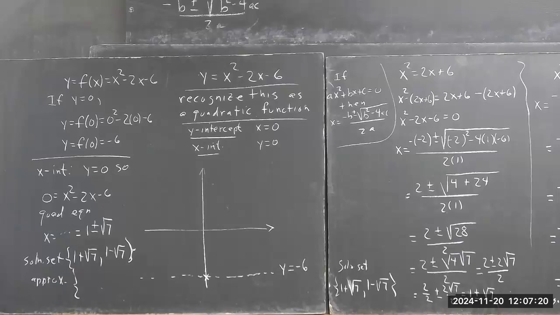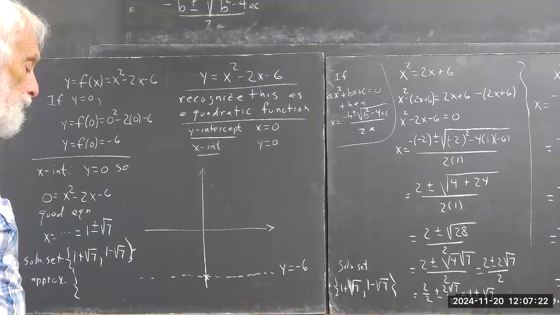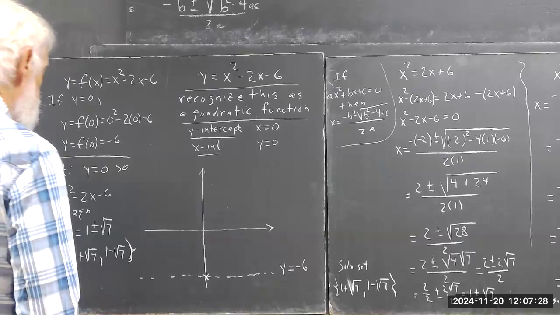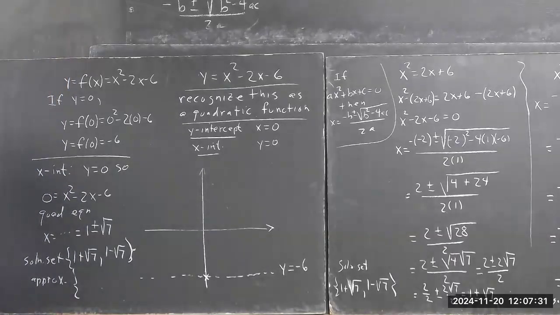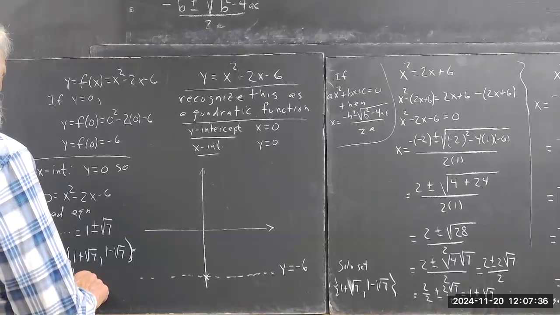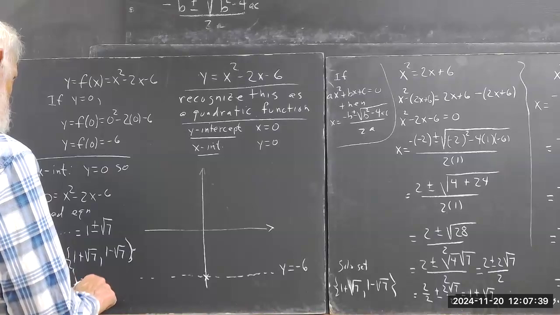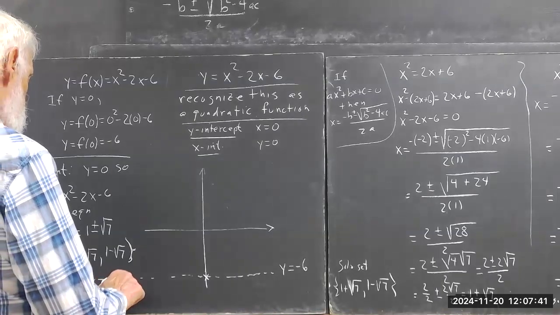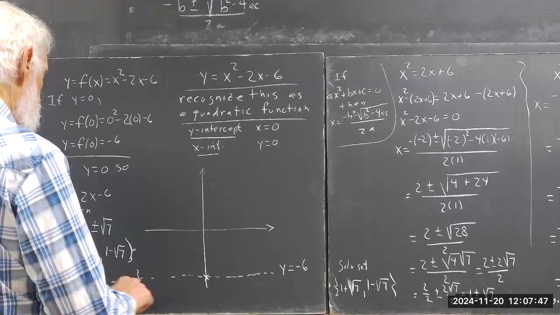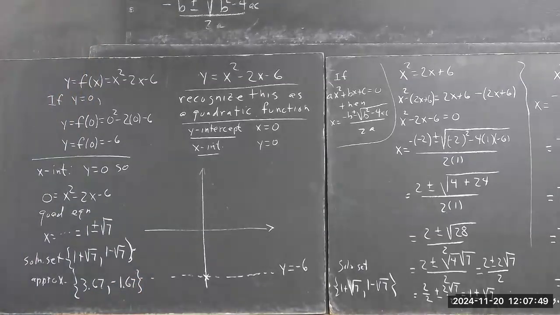Okay, square root of 7 is between 2.6 and 2.7, about 2.66 or 2.67. I'm going to go with 2.67, and I'm going to get 3.67, negative 1.67. Okay, now you can check your calculator.